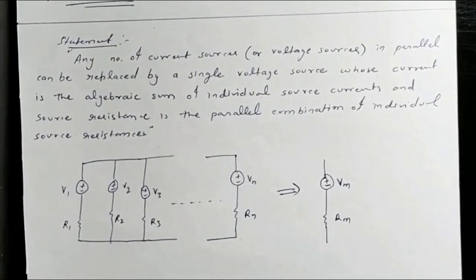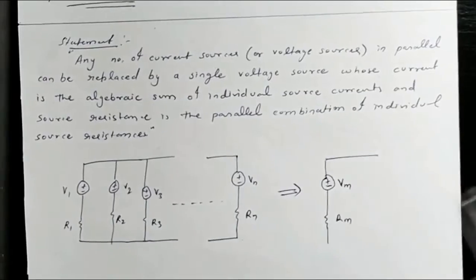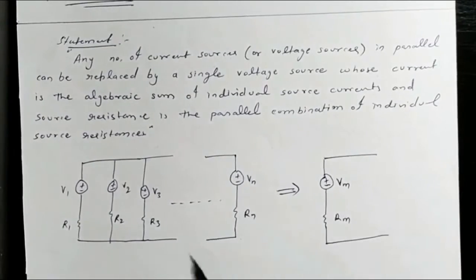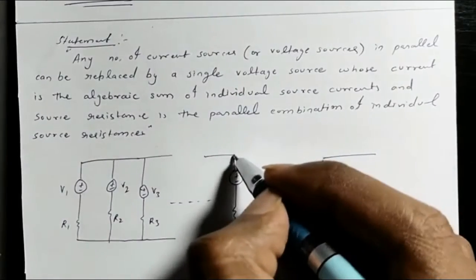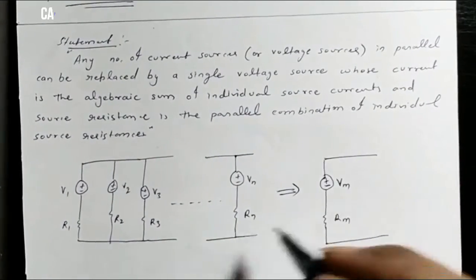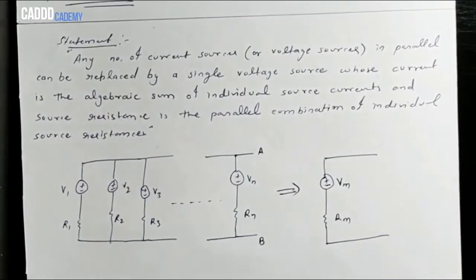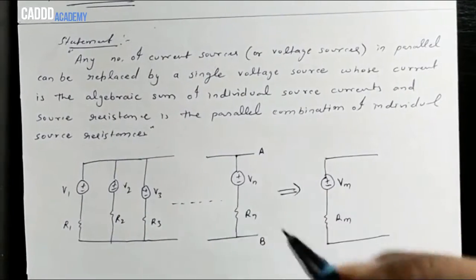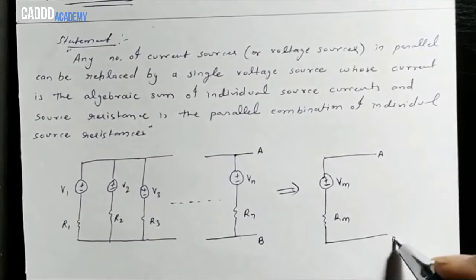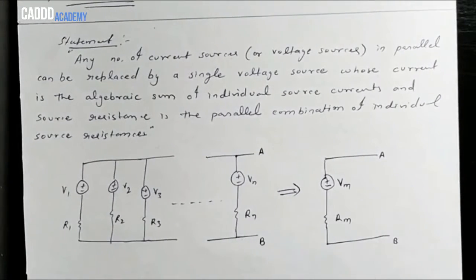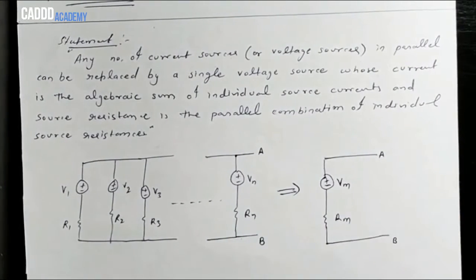Vm means Millman's voltage and Rm means Millman's resistance. So this whole circuit is converted into this circuit, and these two terminals, let's say this will be A terminal, this will be B terminal. Now what is the value of Vm and Rm?